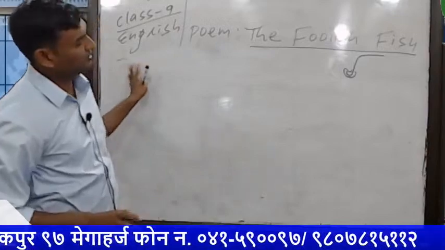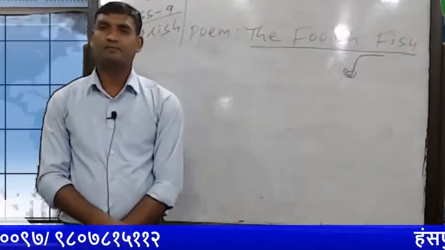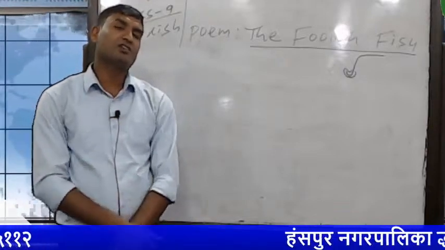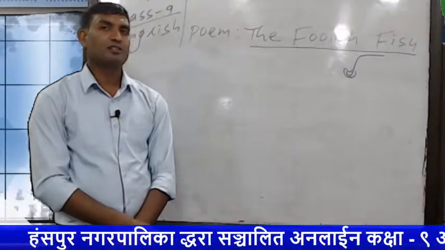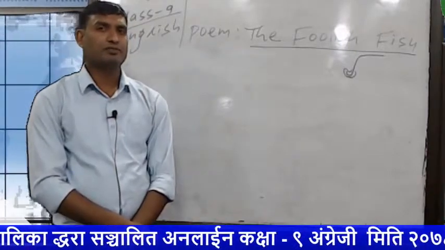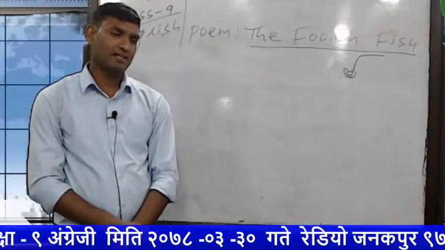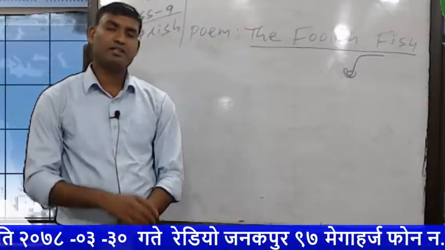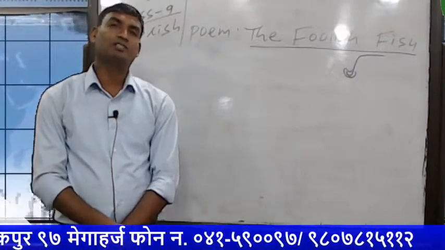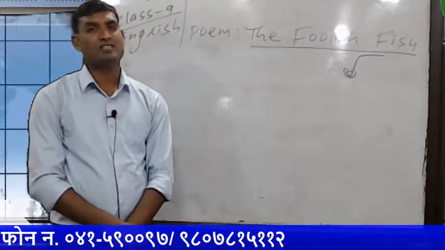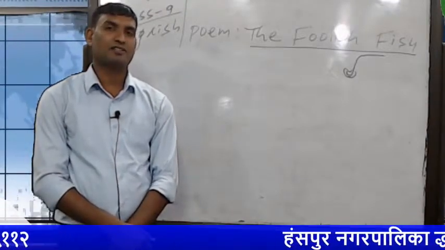So this is the summary of the poem. The little fish has no detailed knowledge, no experience, and the mother fish has experience. Mother fish warned him not to take a bite, but he ventured out and decided to take a bite. At last the little fish died.